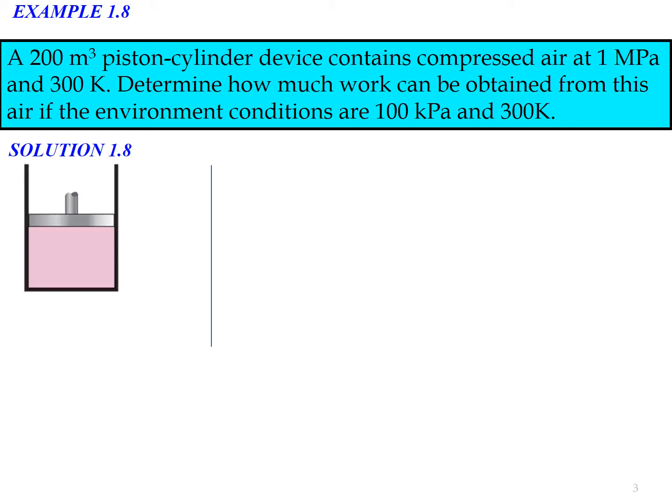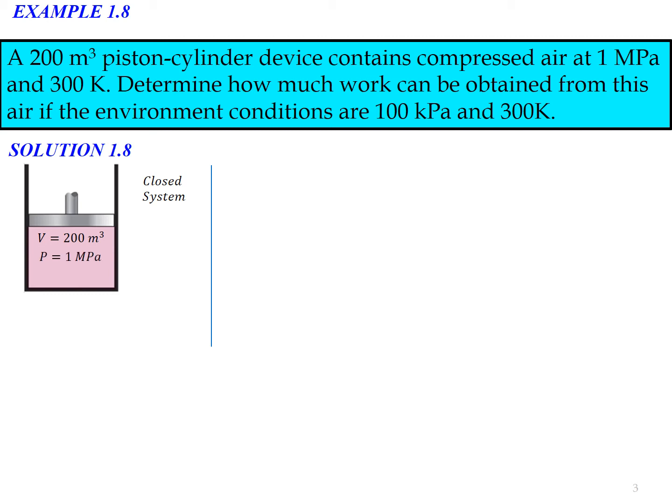So now first we need to identify whether this problem involves an open system or a closed system. The system involves a piston cylinder device, and the piston cylinder device actually refers to the closed system. Okay, so the volume of compressed air inside the cylinder is equal to 200 meter cubic.